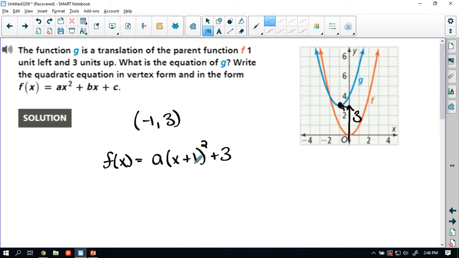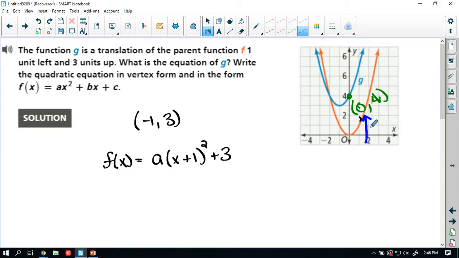Okay, now we need to find a. So what I'm going to do is I'm going to come back to my graph. Let me erase. Oh, that's not an eraser. That's a nice green. And I'm going to look for a point on my graph where we have two integers for x and y. And here my x is 0 and my y is 4.